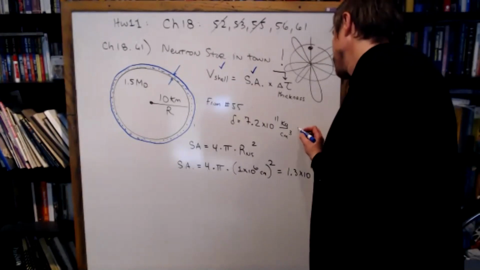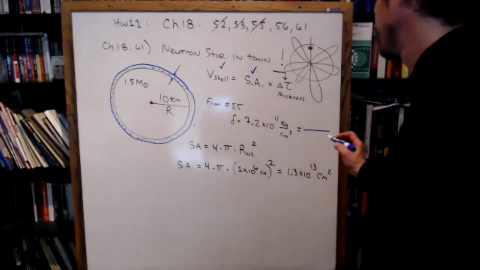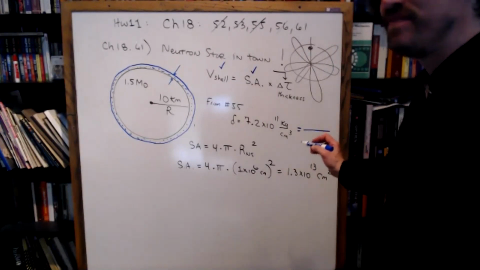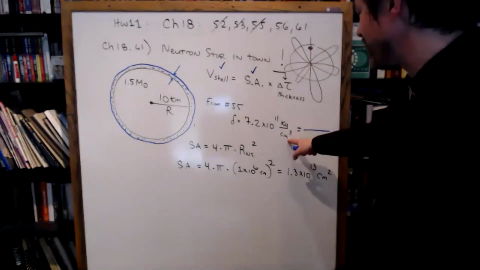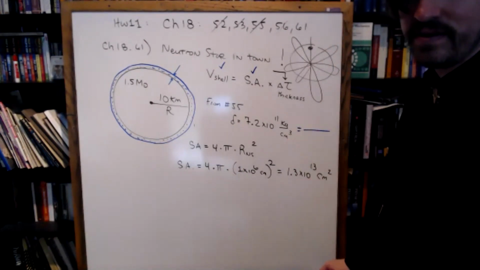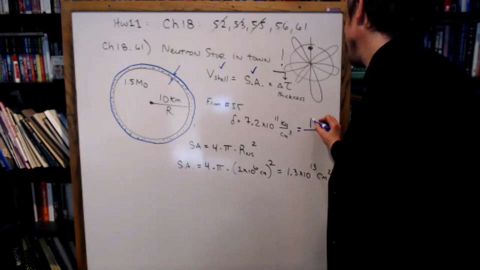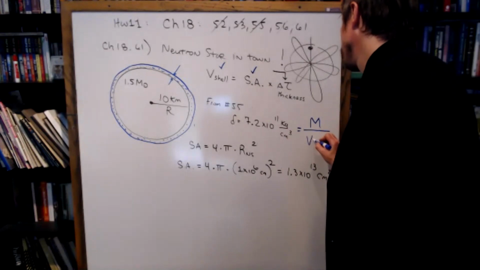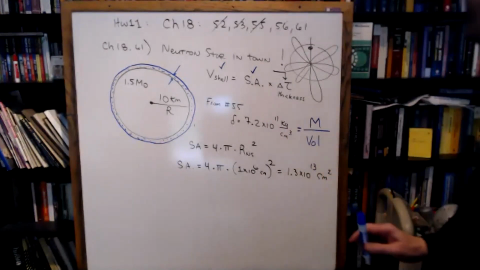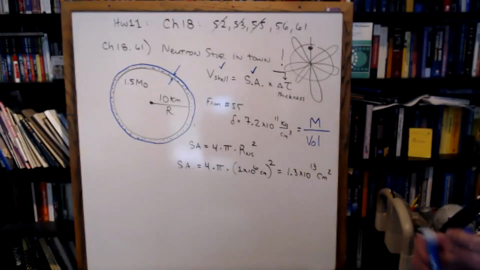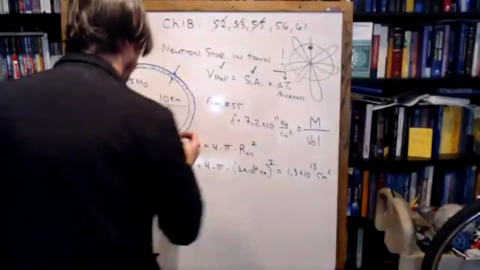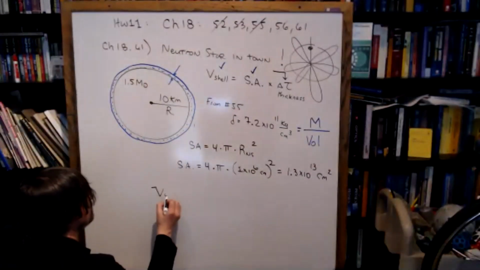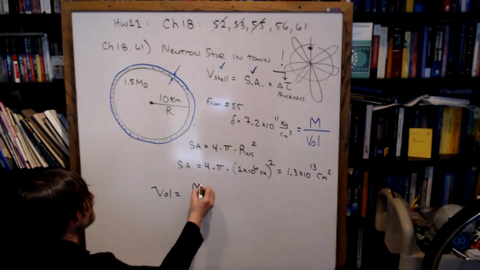Divided by centimeters. Divided by the mass. No, that's not units of mass. Density equals mass divided by the volume. That's it, there's your breakthrough. So you're going to algebraically switch volume and density. Yes, so volume equals mass over density.